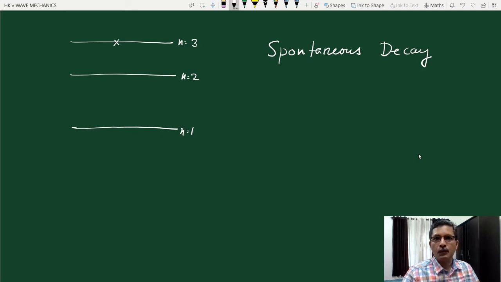What is the reason for this? Why is that? We know that each of these states is a stationary state. As long as the electron remains in that state, there is no emission of radiation. So why can't the electron remain in an excited state? What is the reason for an excited state to be unstable?